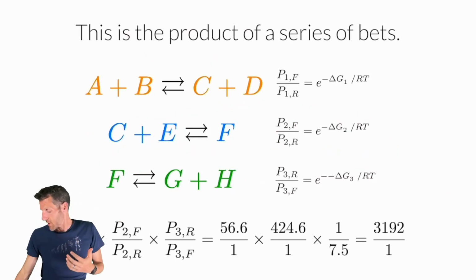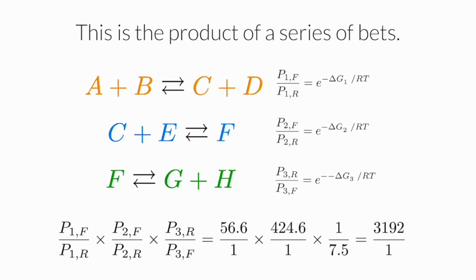And we can think about this actually as the product of a set of bets, right? That was for the entire reaction, but we can think about each bet by itself. Here's the bet that you go from A plus B goes to C plus D. Here's the bet going from C plus E goes to F. Here's the bet going from F to H. If you plug in those delta G's, which remember were minus 10, minus 15, and this is plus 5 to run backwards, you can calculate their individual probabilities.